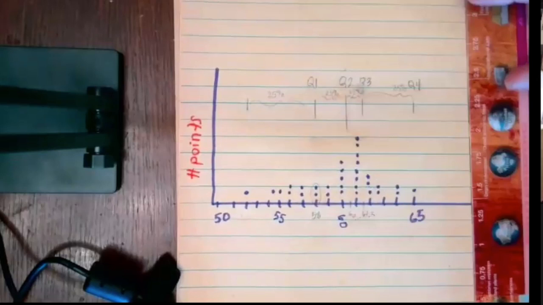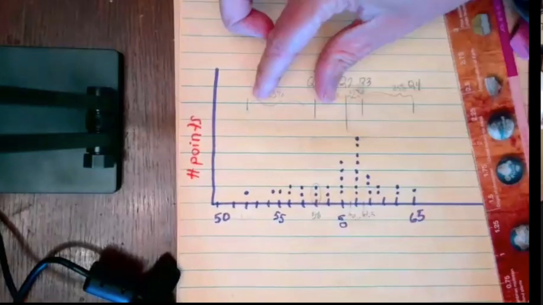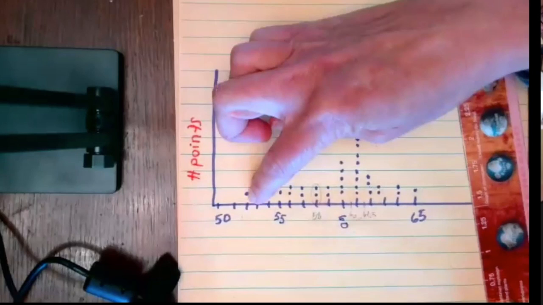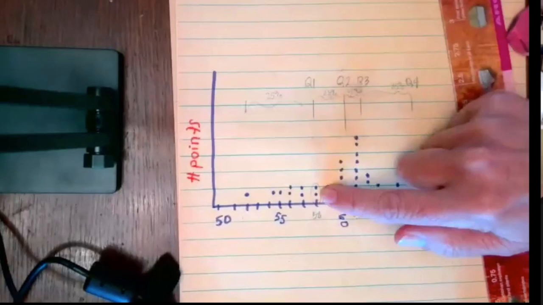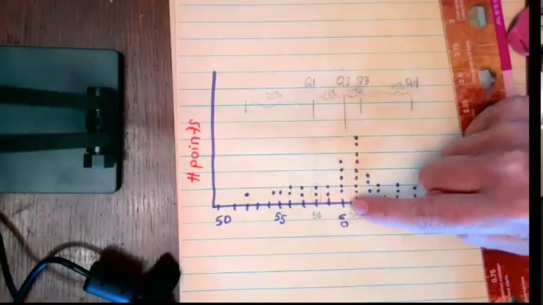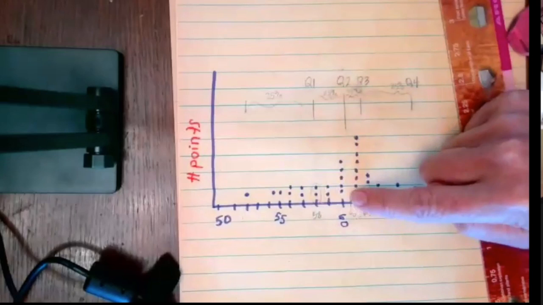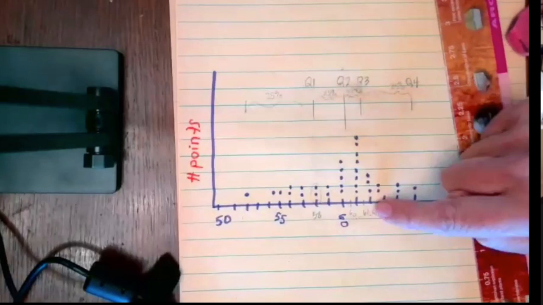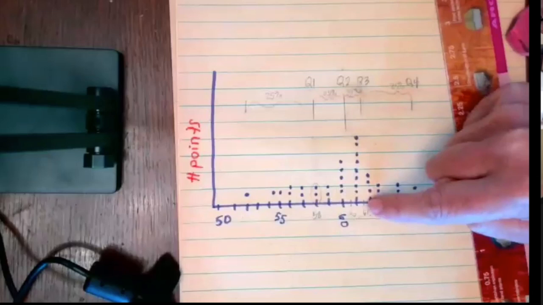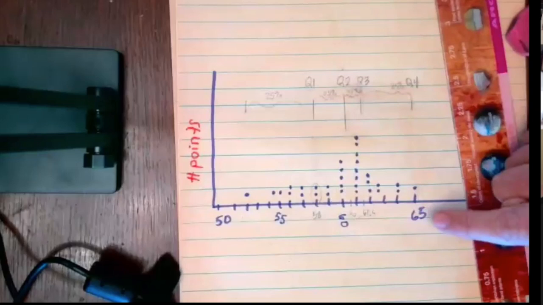What this means is that 25% of our students are between 52 inches and 58 inches tall. Another 25% of our students are between 58 and 60.5. Another 25% are between 60.5 and 61.5. And the last 25% of our students are between 61.5 and 65.